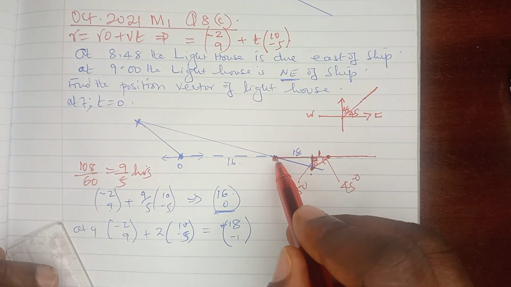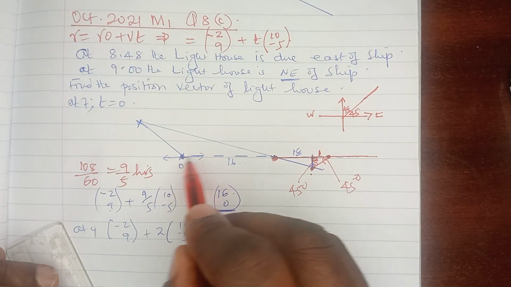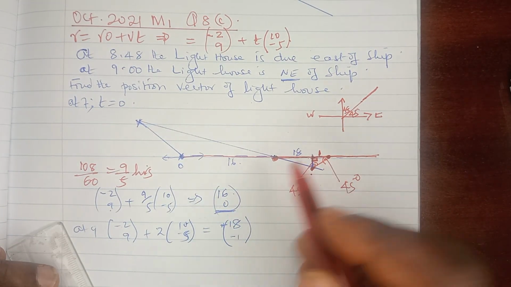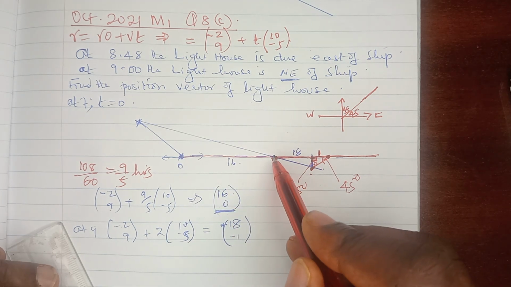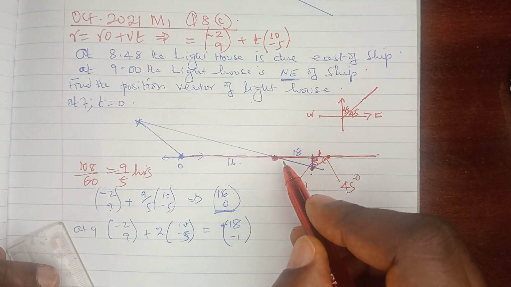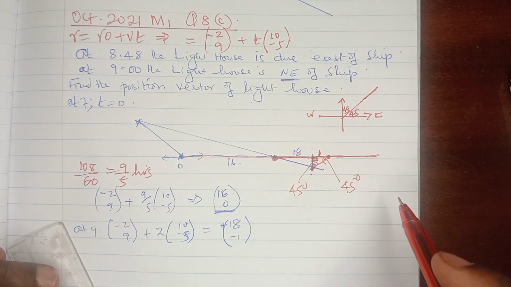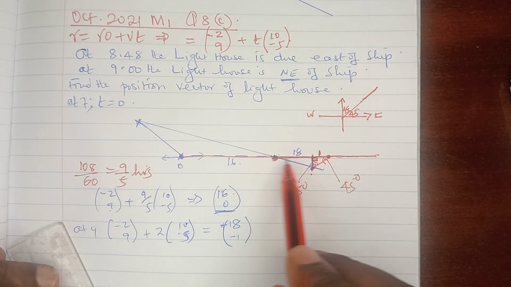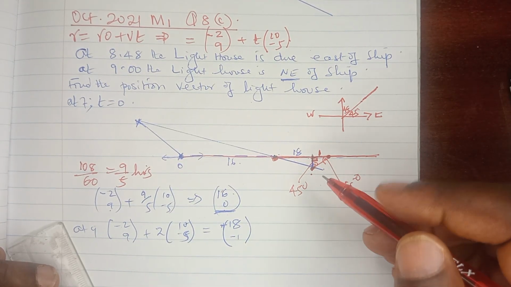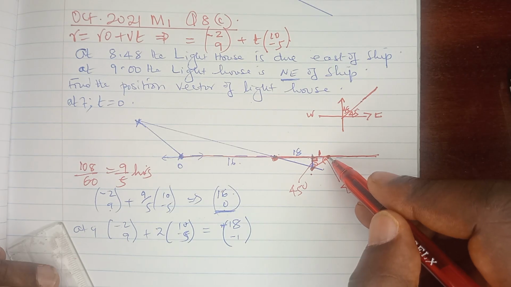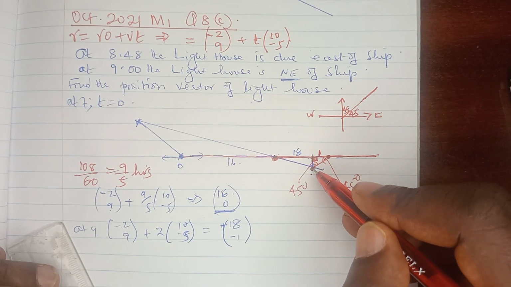Because the lighthouse has to be along the red line, where the ship at 8:48 had it due east, and at 9 o'clock, when the ship is here, this is one step and this is one step in the isosceles triangle.